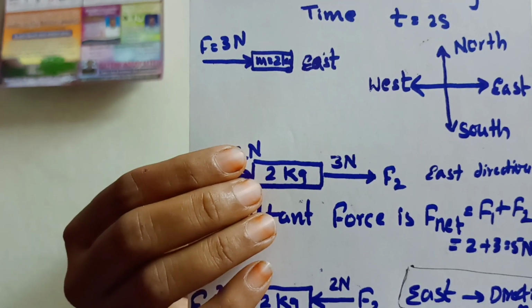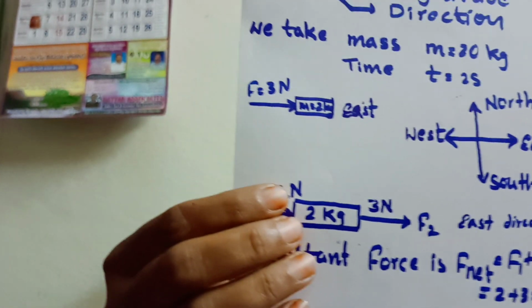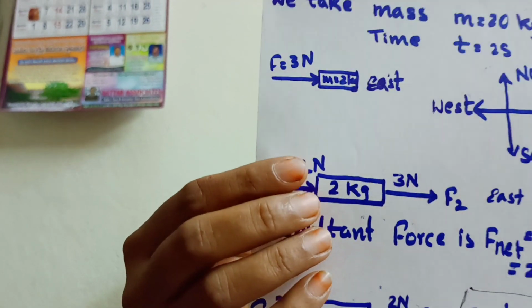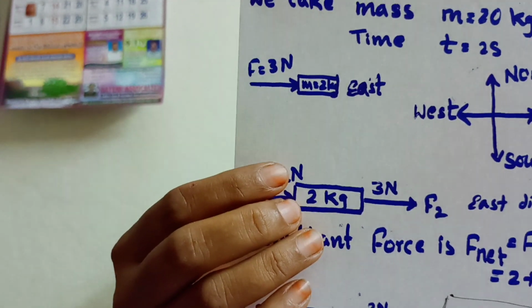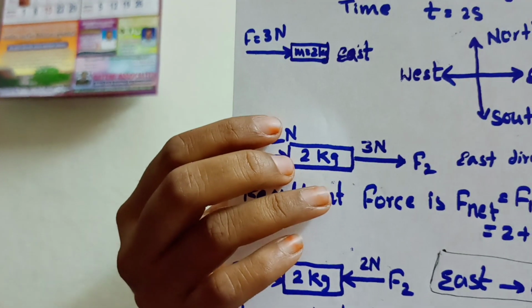So here applied force is 3 newtons on 2 kgs mass of an object.